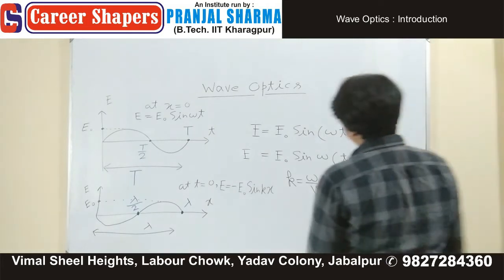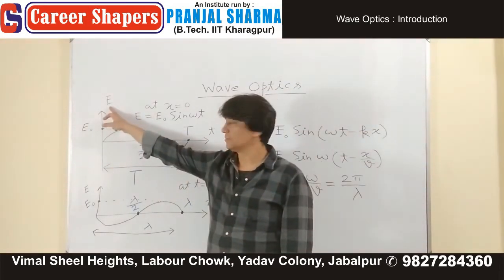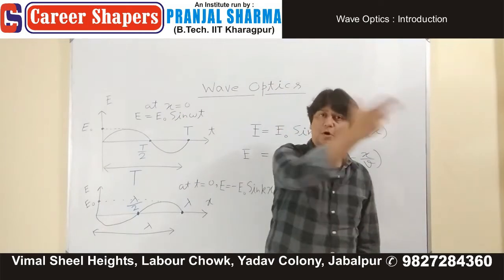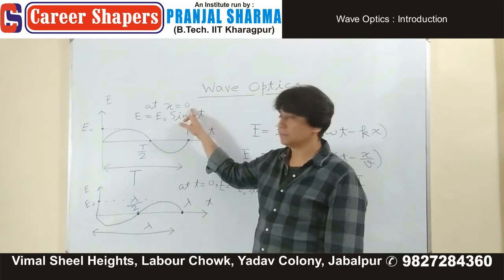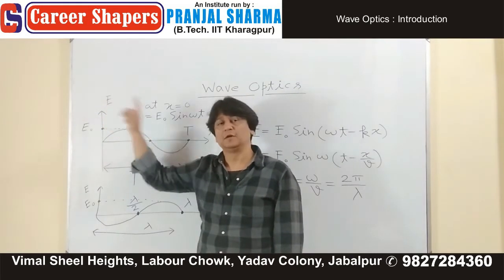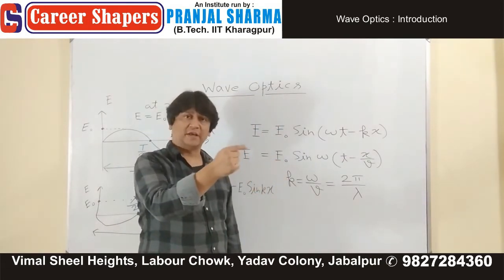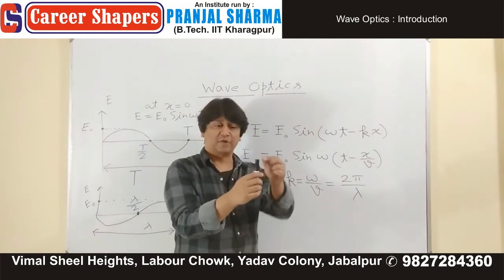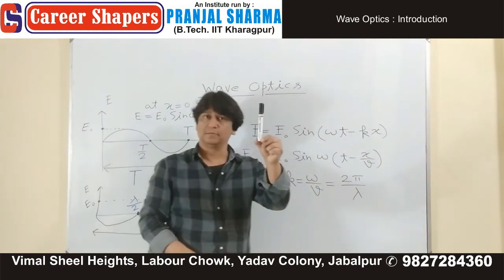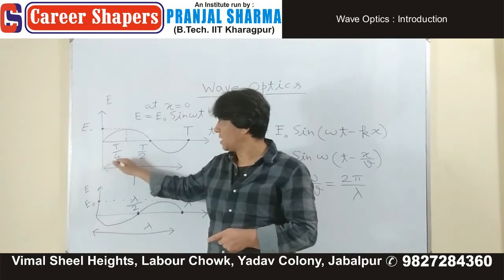Now look, the first graph gives you values of E at a given position. It can be x equals 0, it can be x equals 1, 2 or anything. At a given position at different times, what are the values of the electric field? This is given by the first graph. Suppose this is the x equals 0 position. At this place the electric field is 0. Then it increases, it becomes maximum after a time of T by 4.